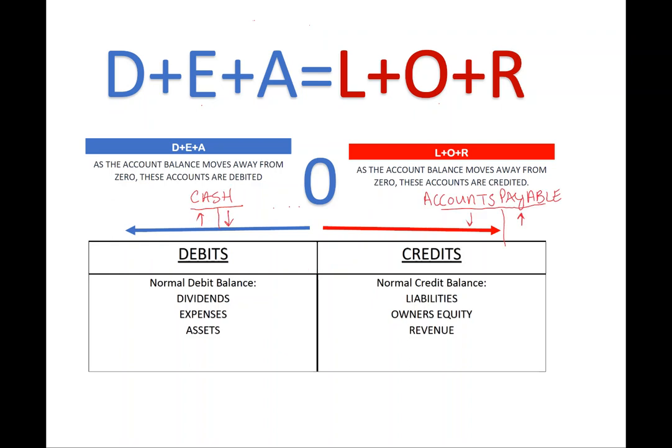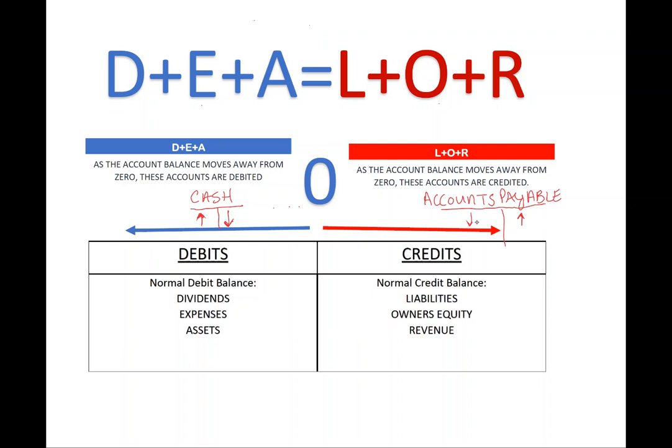So I've taken a moment to add on two examples, one of an asset account on the left, one of a liability account on the right. Notice that for cash, if we need to increase or move away from zero, the cash account, we are going to debit. If we are going to decrease it, we are going to credit that account.